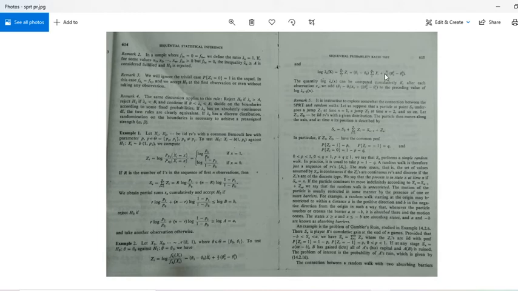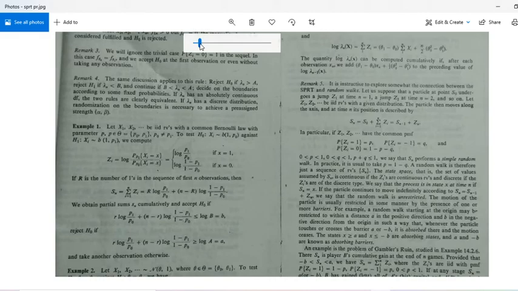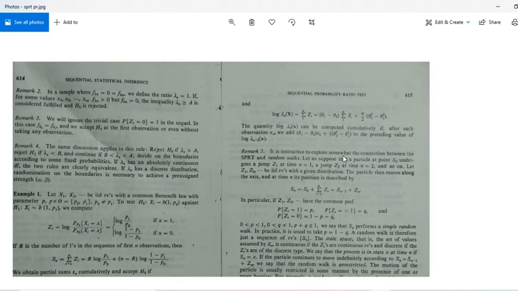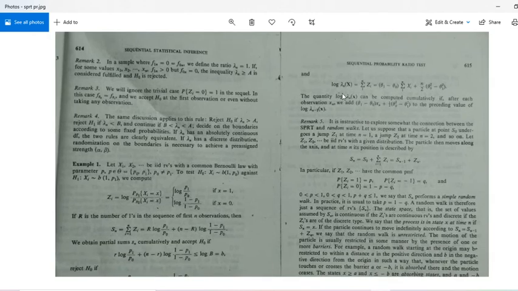So that is mentioned here. The quantity log of lambda n of x is computed cumulatively after each observation xn, and we add.